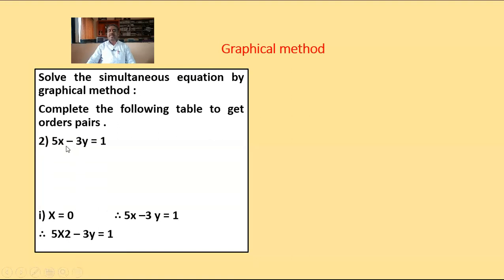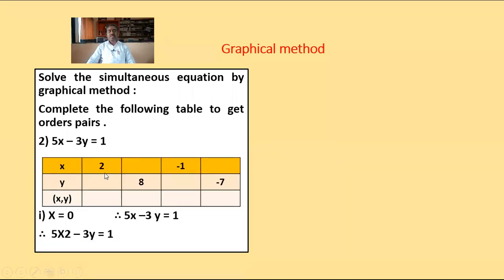Second linear equation in 2 variables, 5x minus 3y is equal to 1. There are 2 linear equations in 2 variables in a simultaneous equation system. The second equation is 5x minus 3y is equal to 1. First, determine the 4 convenient coordinate points.